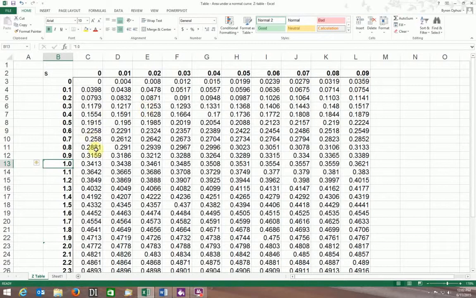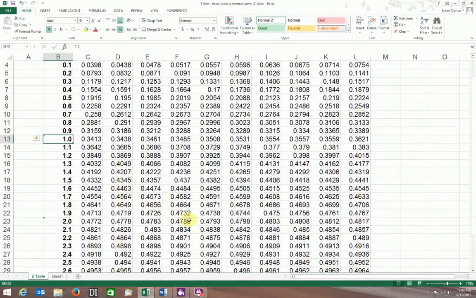It goes in order, so we can cruise down pretty quickly. There's 0.4793, which is not quite there, and 0.4798 is really not quite there, and 0.4803 is over that, so it would be in between these two.